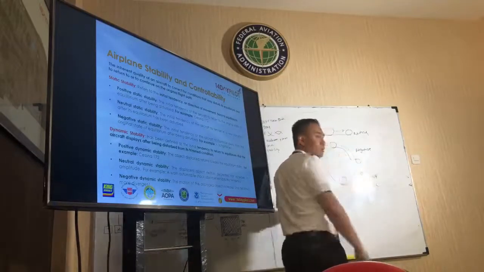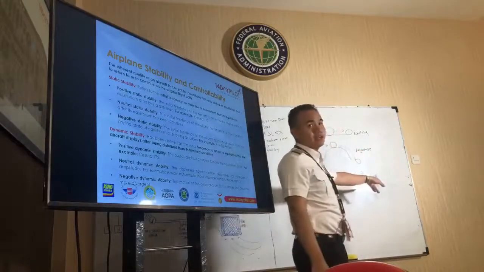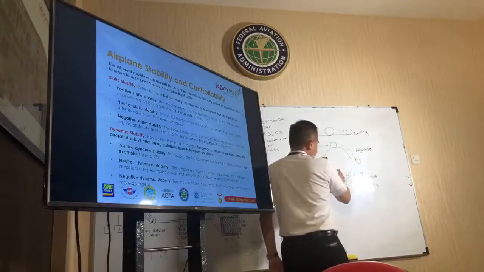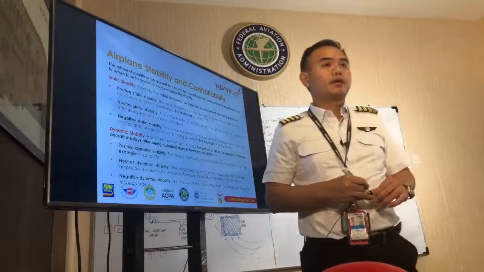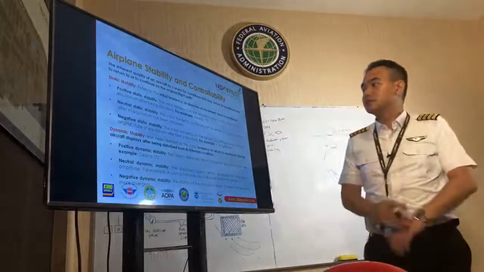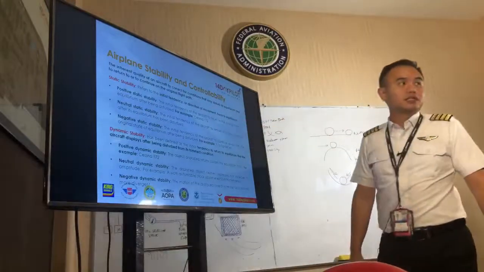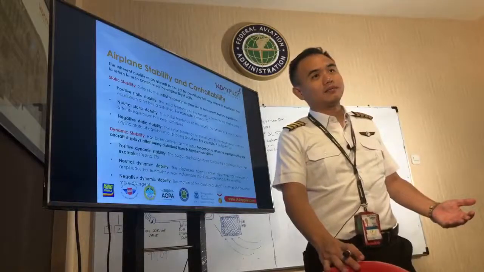It moves away from the original position. How about the positive static? Always back to the original position. That's the static stability. Okay? The Cessna 172 is always like that. So basically you don't have to overreact for the airplane.